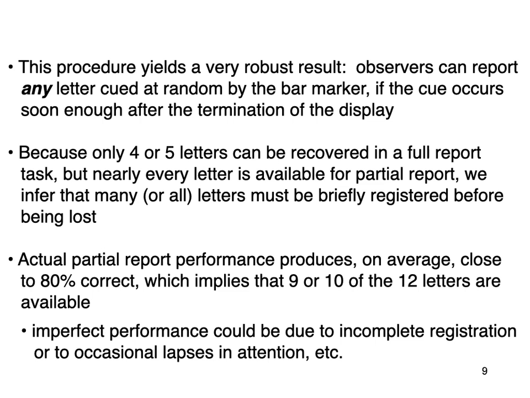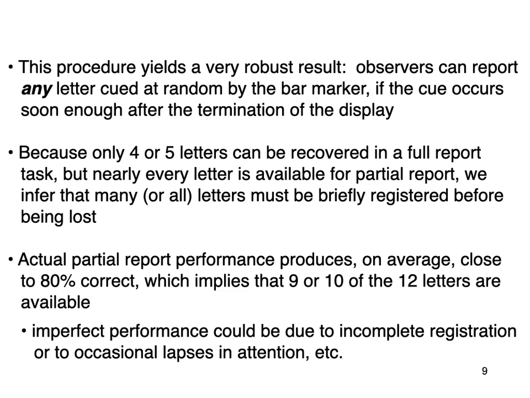It's not perfect. It's not 12 out of 12, but it's high. It's many more than 4 or 5. It's 9 or 10. The fact that it's not perfect could be due to all kinds of irrelevant factors, meaning there's a moment before you can match the bar to a particular location, and during that time where you're doing some sort of spatial computation, you're losing some information from the icon, assuming the icon display fades very quickly.